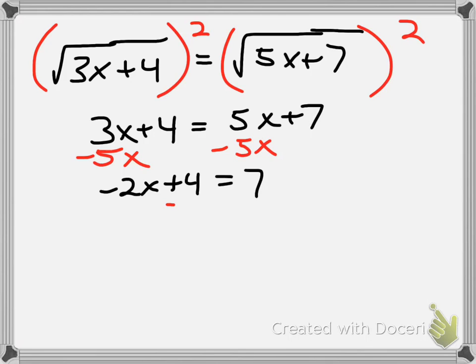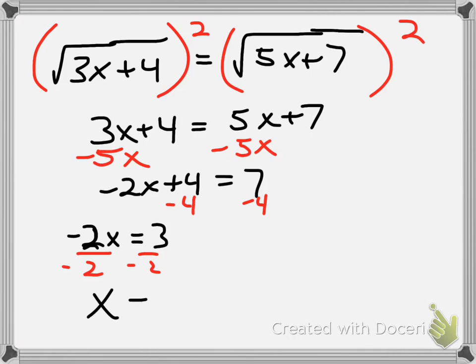I'll continue to isolate my x, I'll subtract my 4 from each side, leaving me with a negative 2x equals positive 3. Continuing to solve for x, I'll divide by negative 2. So I have x equals negative 3 halves.